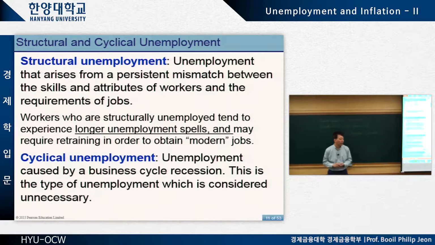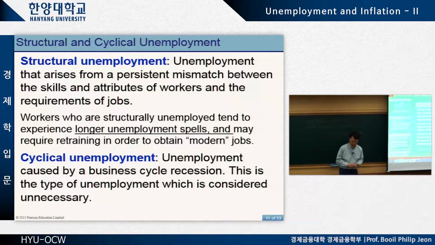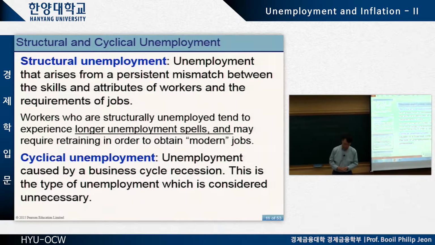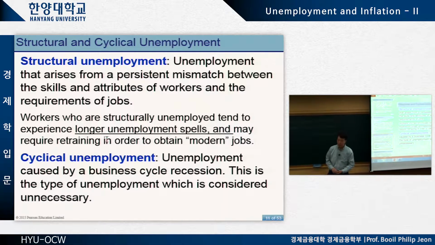So these lost jobs don't come back as far as structural unemployment is concerned. So the unemployment spell, the length of time for unemployment, tends to be longer compared to frictional unemployment, and those jobs tend not to come back once they are lost. That's the characteristic of structural unemployment.